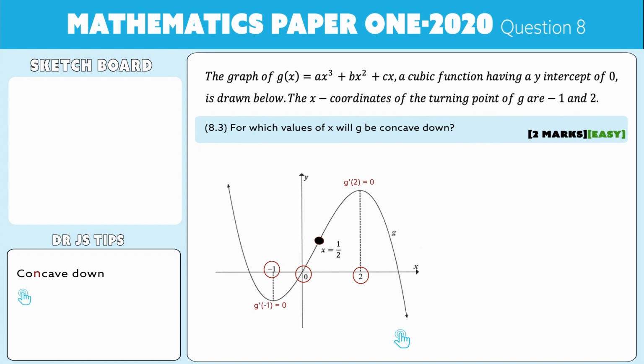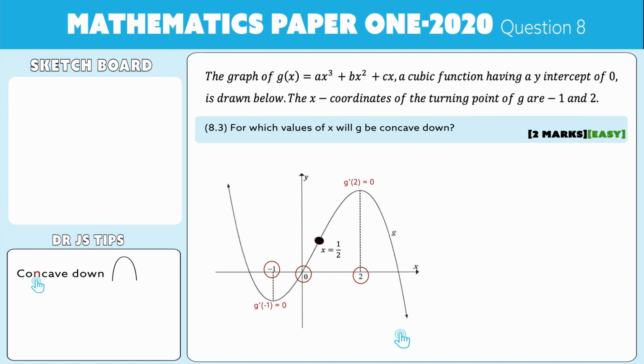Concave downwards means the gradient is becoming smaller and smaller and smaller. Now, how do I remember this? Well, I look at this n. The n shows me the shape, so where that is the shape on the graph is where the function is concave down.